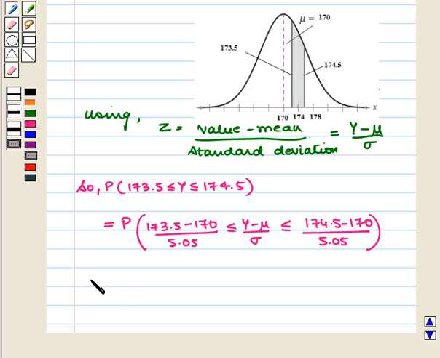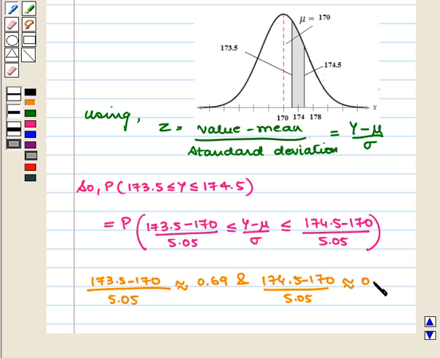Now 173.5 minus 170 upon 5.05 is approximately equal to 0.69 and 174.5 minus 170 upon 5.05 is approximately equal to 0.89.